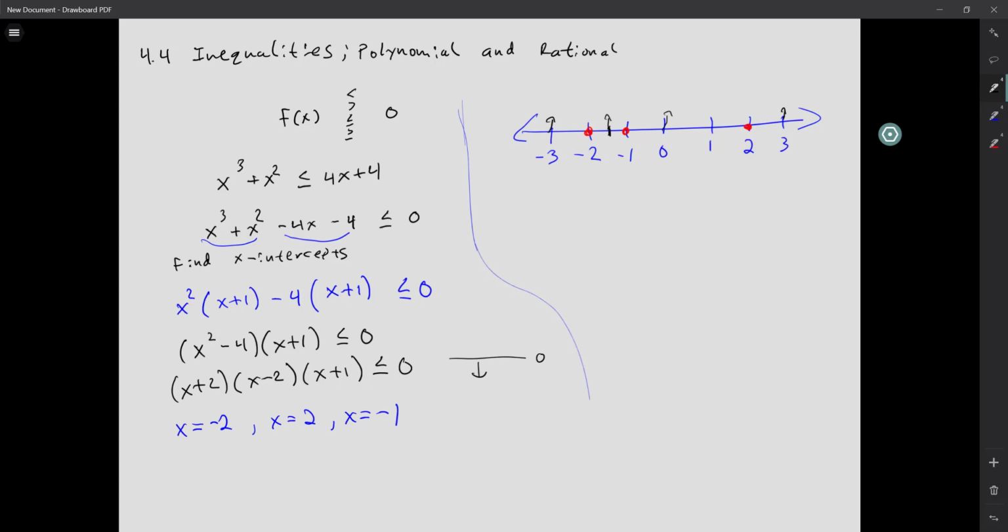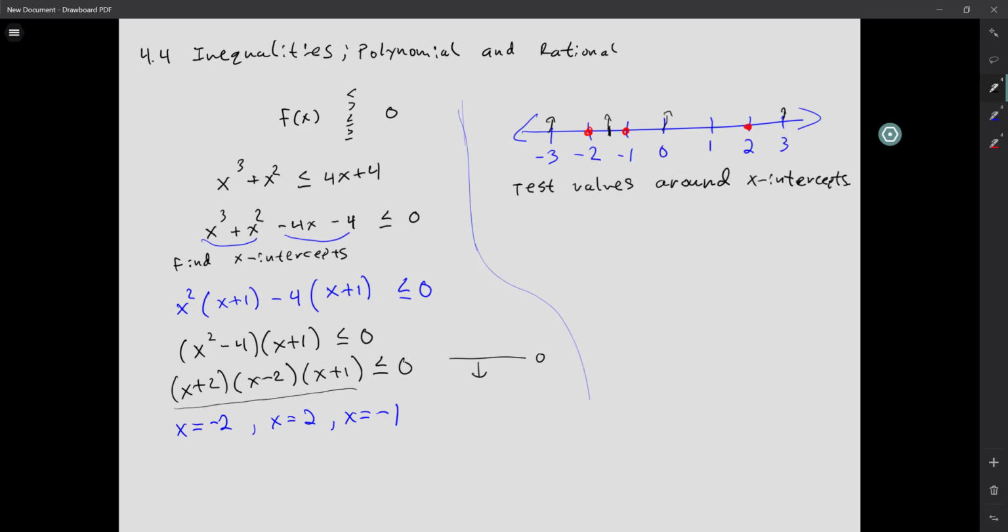Since I have 3 x-intercepts, I'm going to need 4 test points. And what we'll do is plug those into our polynomial function. I think it'll be easier if we plug it into the factored form.